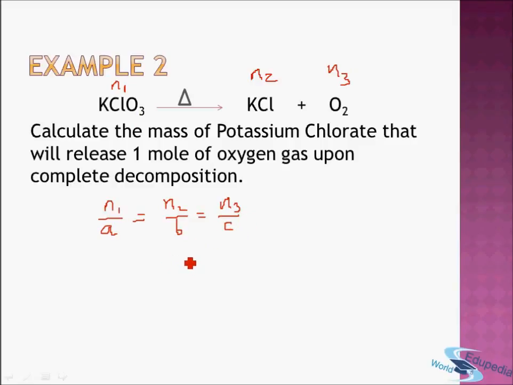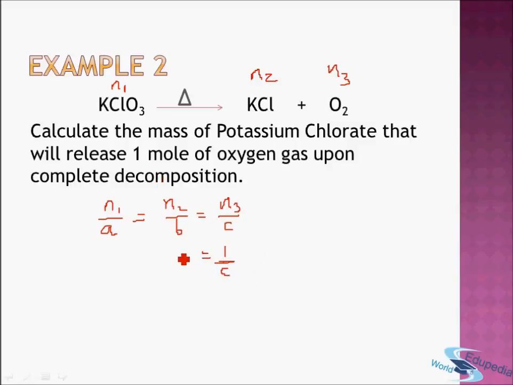This is the relation that I have between reactants and products. Now we know the value of N3, that is 1. 1 mole of oxygen has been formed in the reaction. This is given in the question.